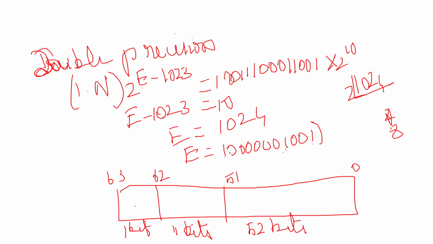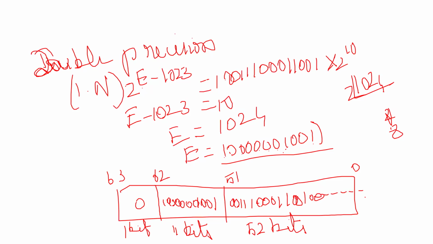So here the sign is 0, and the exponent value we will get is 1 0 0 0 0 0 0 1 0 0 1. This is the exponent. The mantissa will be 0 0 1 1 1 0 0 0 1 1 0 0 1. After that you can write 0 0 0 0 like this up to 52 bits. This is called the double precision format.